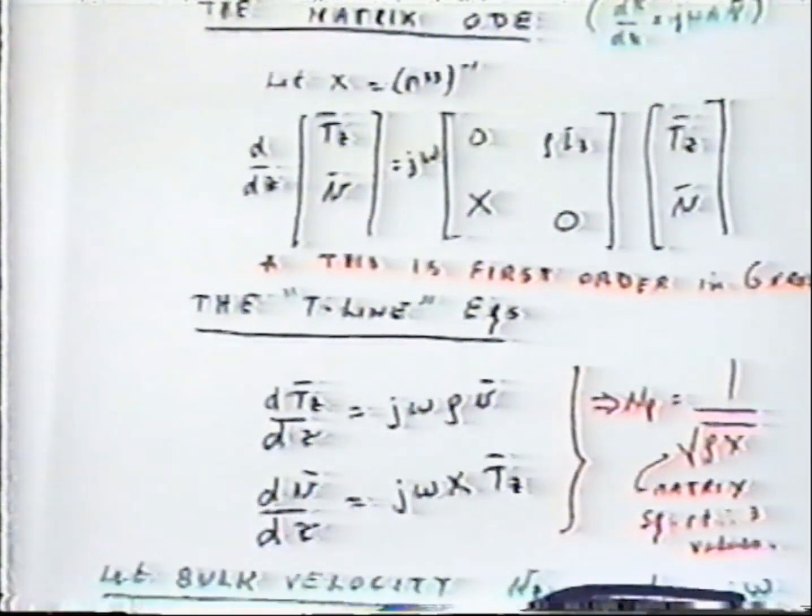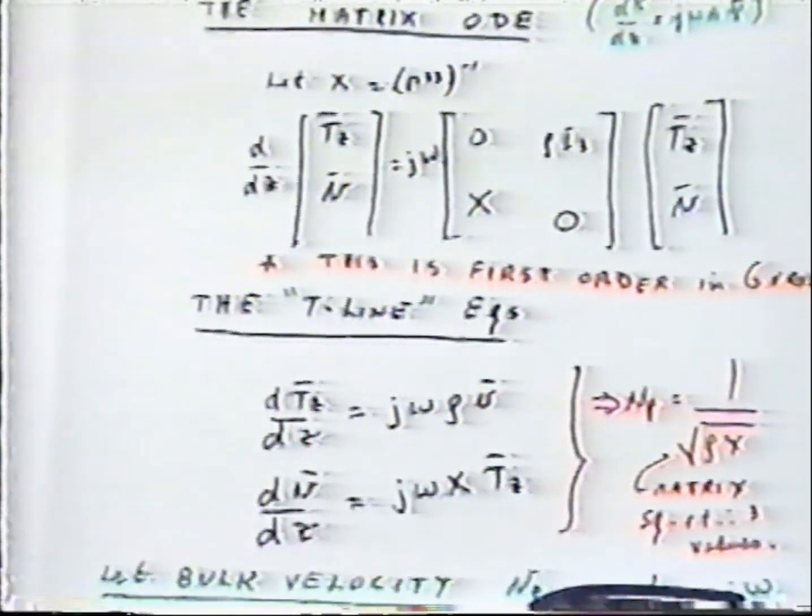Now, the phase velocity here in the transmission line, 1 over root LC. You may or may not recall this, but that's what it is.